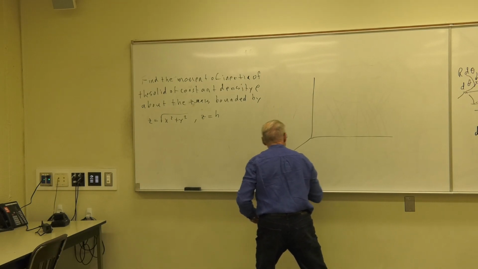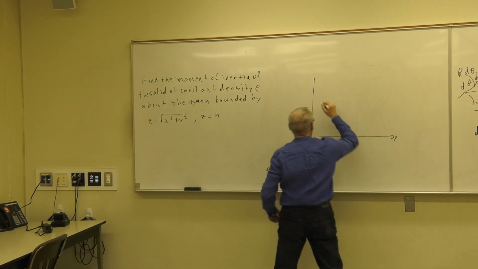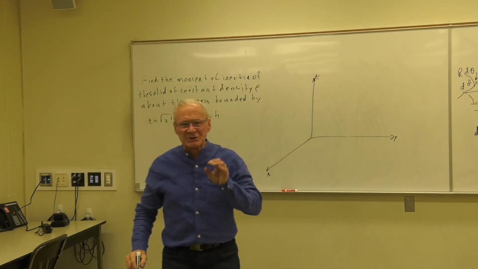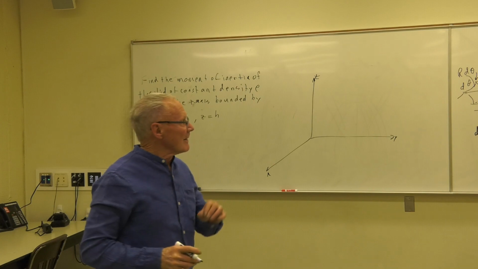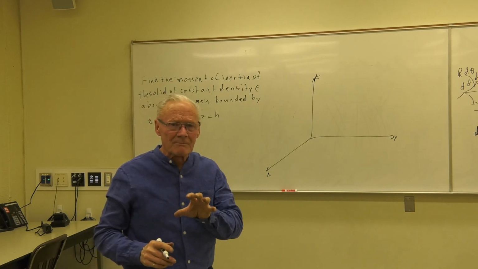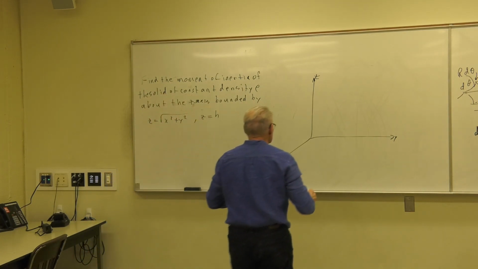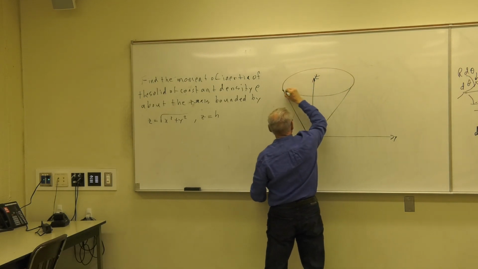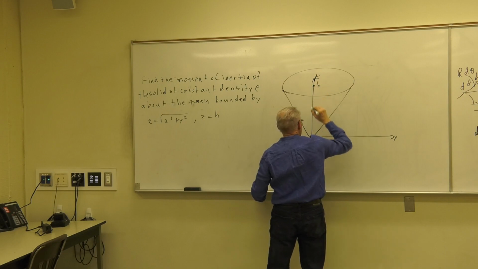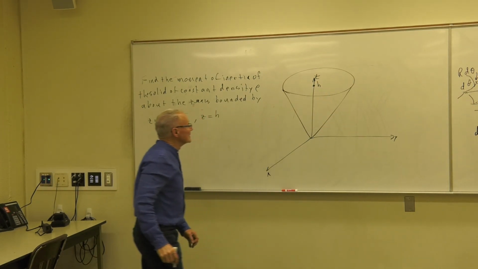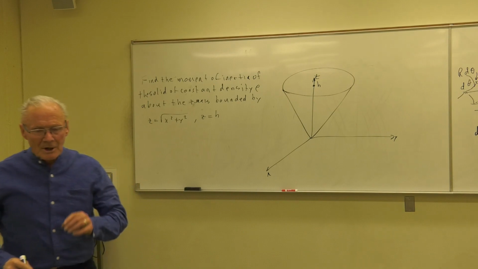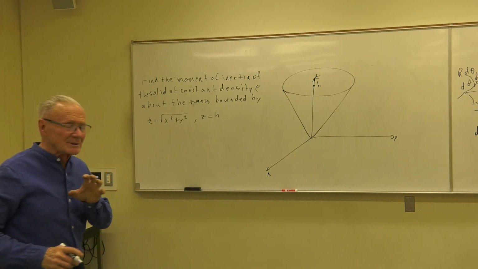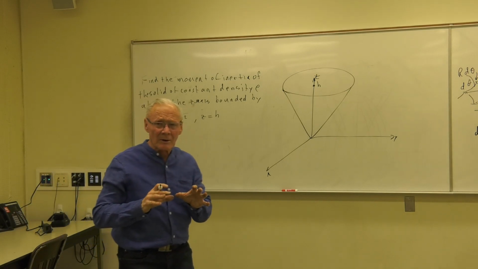Drawing it. I'm going to solve this problem, or at least I'm going to set it up in cylindrical coordinates. Then I'm actually going to do it in spherical coordinates. So we've got a cone here, and it's got height h. So there it is. Now, when we defined spherical coordinates, cones were there, right?